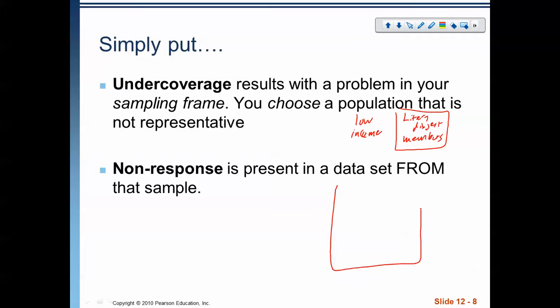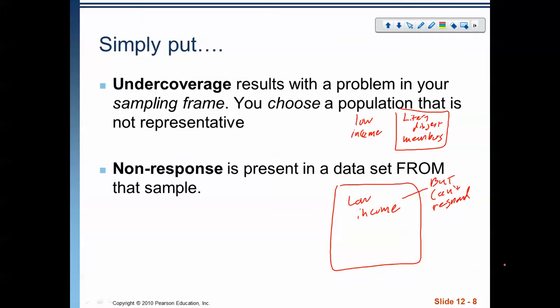Non-response happens when these people are in the sampling frame, but can't respond. Like, we wanted to put them in there, we wanted to represent them, but they physically could not respond. There was no way to get a response from them. Or they didn't want to respond.